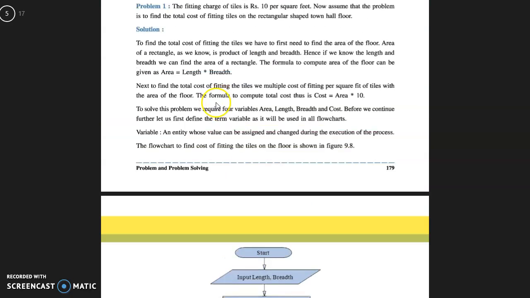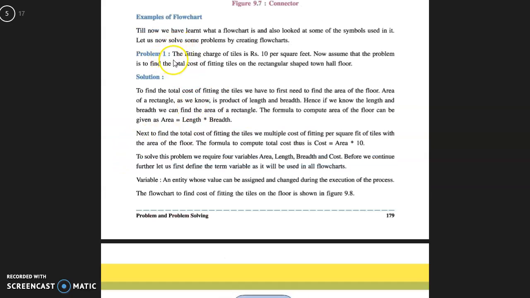Now here they give some examples. Problem 1. The fitting charge of tiles is 10 rupees per square feet. Now assume that the problem is to find the total cost of fitting tiles in a rectangular town hall floor. See, area equals length into breadth.